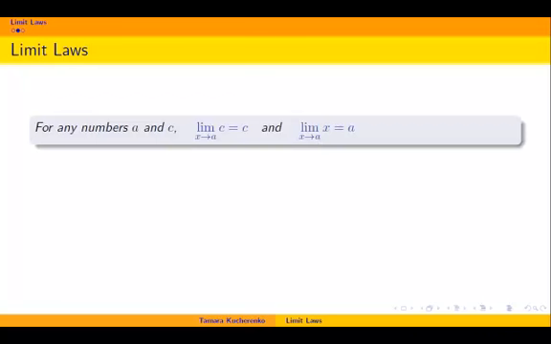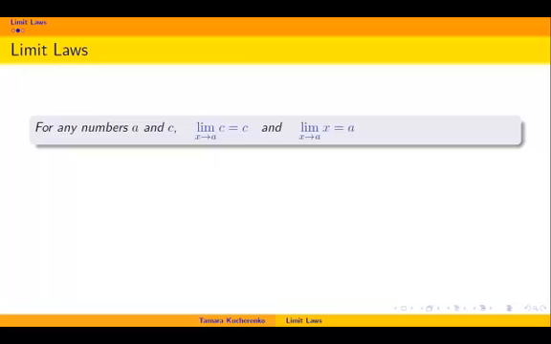For any numbers a and c, the limit as x approaches a of c is c, and the limit as x approaches a of x is a.